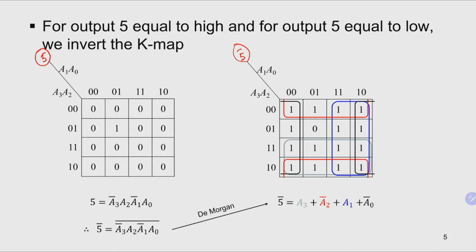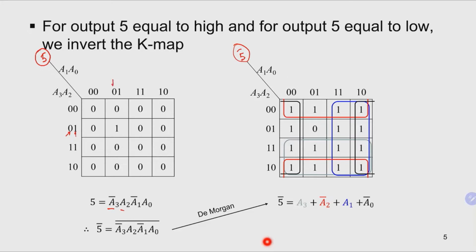So in this case, when output 5 is high, we have these combinations here. My A3 is 0, so I got an A3 bar. A2 is 1, so I got an A2.